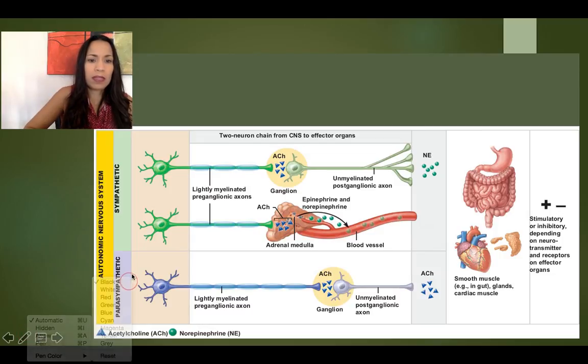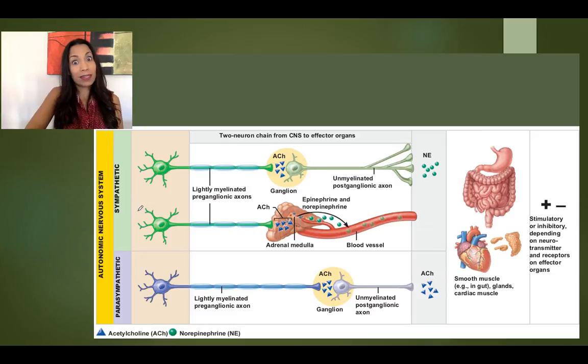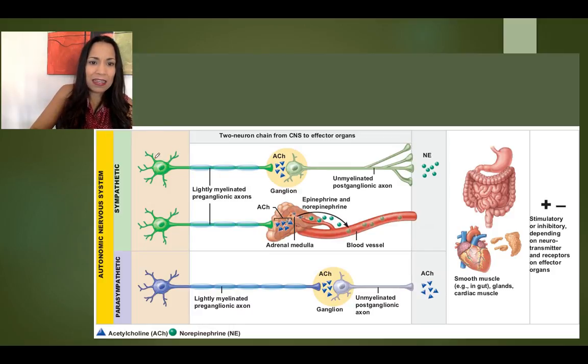What happens in the autonomic nervous system? Well, it depends. We have, remember, the sympathetic and the parasympathetic branch. First, in the central nervous system, we're going to find the preganglionic neurons both in the sympathetic and the parasympathetic nervous system.